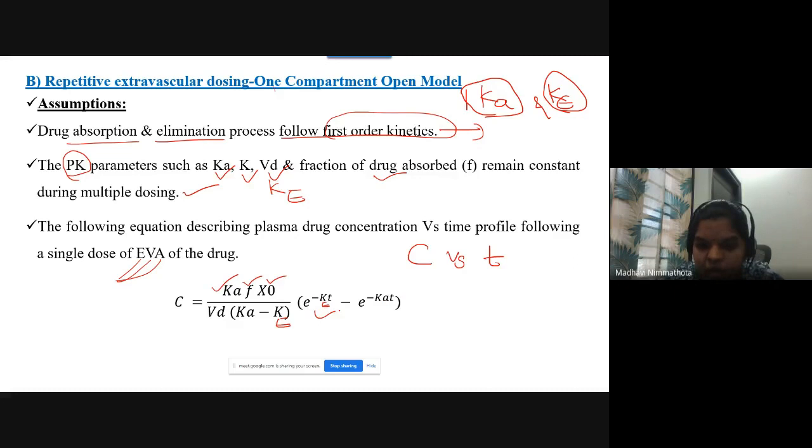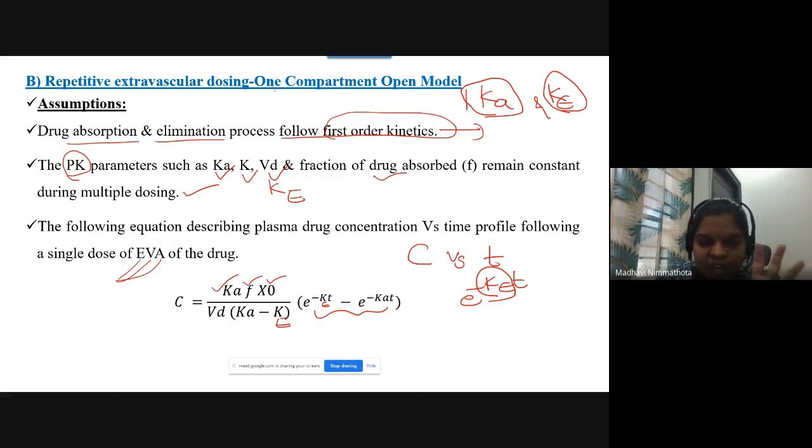So these are two exponential forms of the absorption phenomenon and the elimination phenomenon. E to the power of minus Ket is the exponential form of the elimination rate constant, and the other is the absorption rate constant exponential form.